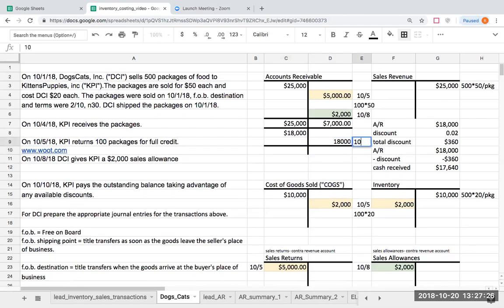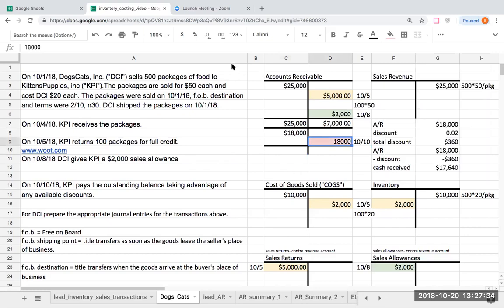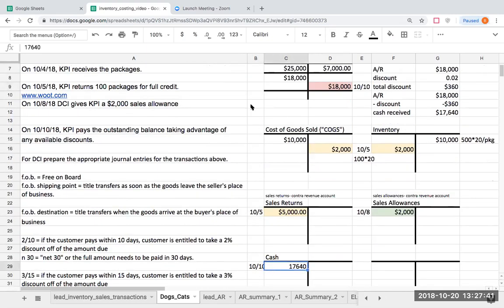So here on 10/10, I'm going to need to show this amount fully coming off my books. So as we look here, we've got an $18,000 credit to accounts receivable, and I have a $17,640 debit to cash. So I'm out of balance.